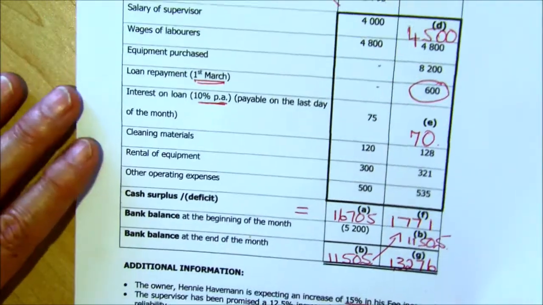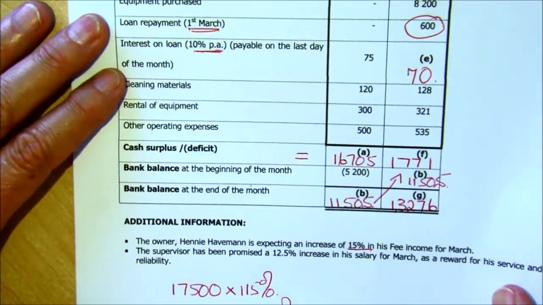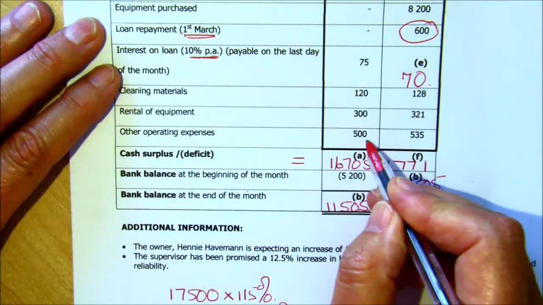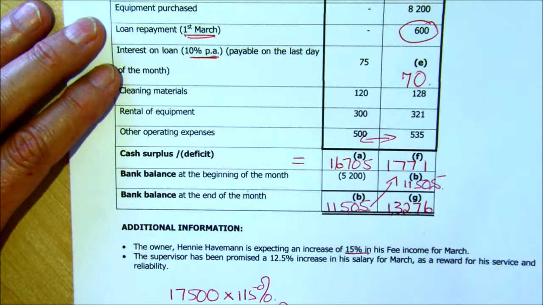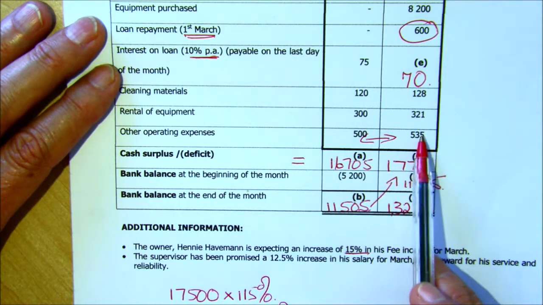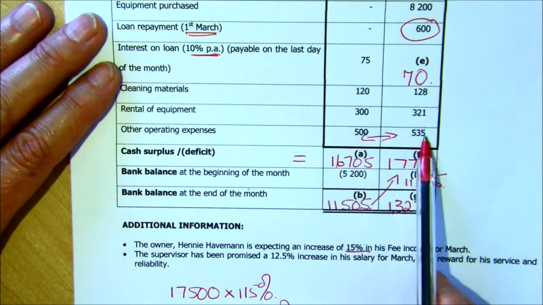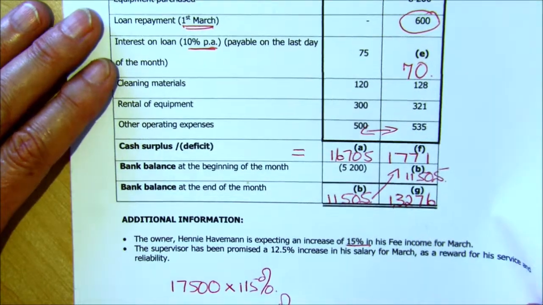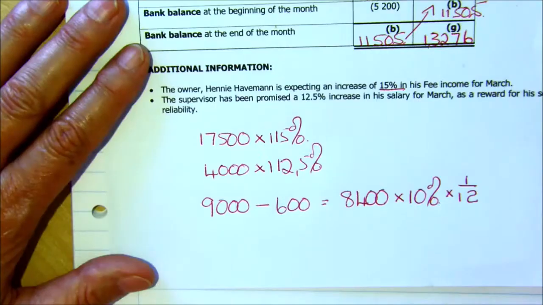And then just one other concept that you do often get asked. If you look here at your operating expenses, you can see that your operating expenses did go up. Now, one of the things they might ask you is by how much it went up, which is 35 Rand. But if they ask you to do a percentage, here's the formula.